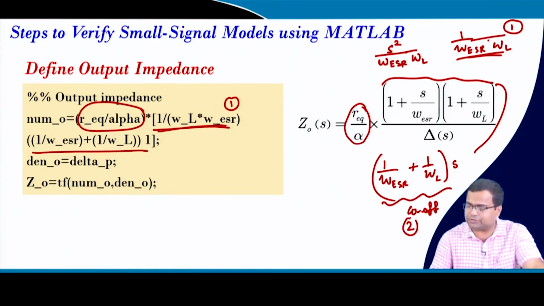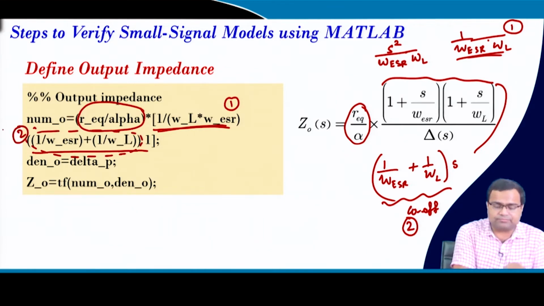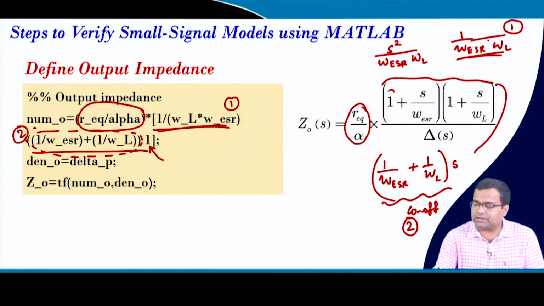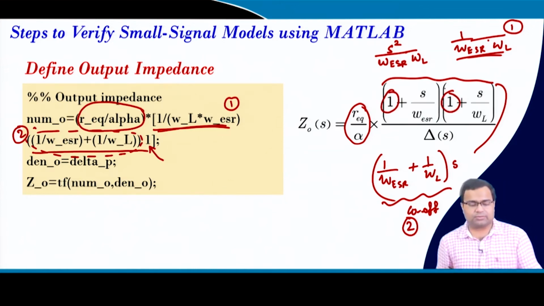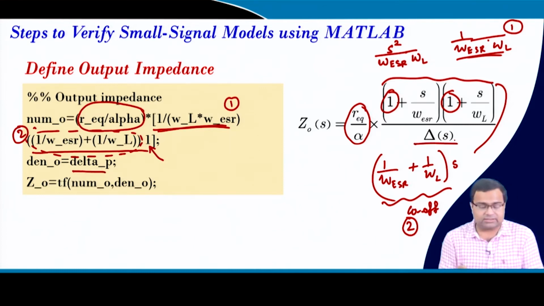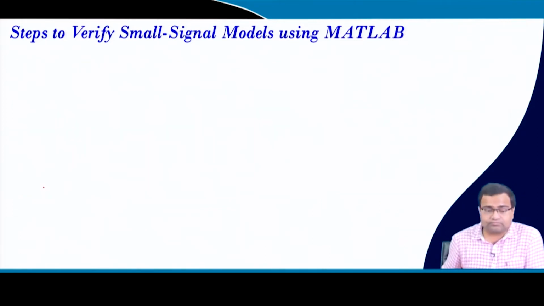The third coefficient is 1, because if you multiply these two terms, it will be 1. Then the denominator is delta P, and the transfer function is between numerator and denominator. So, this is the output impedance.